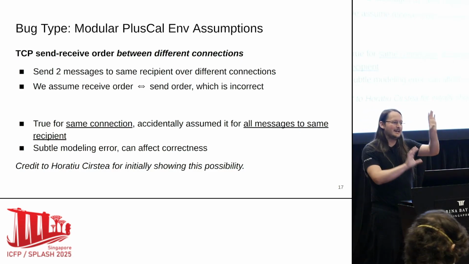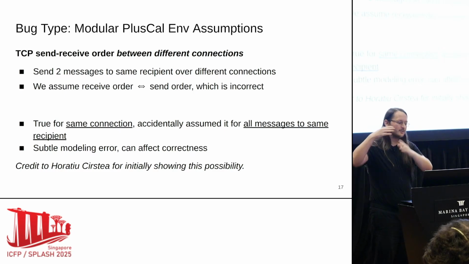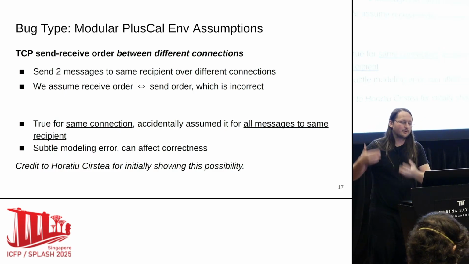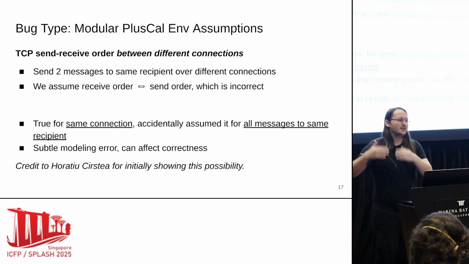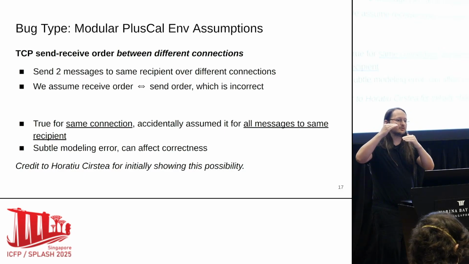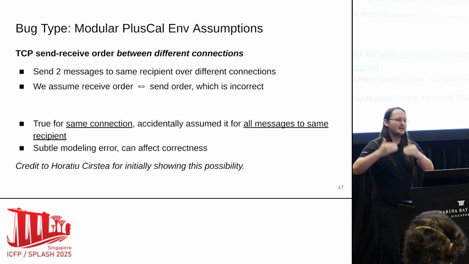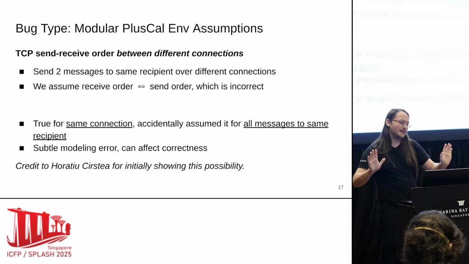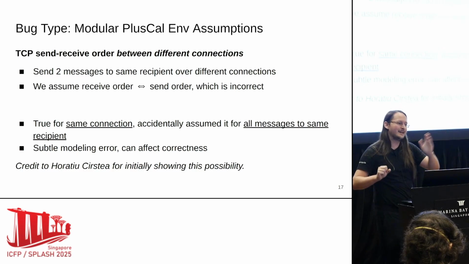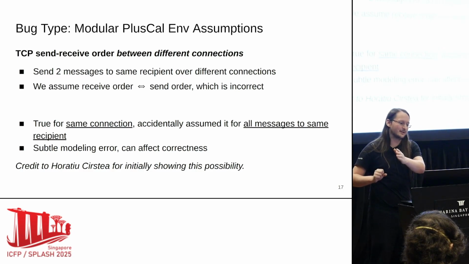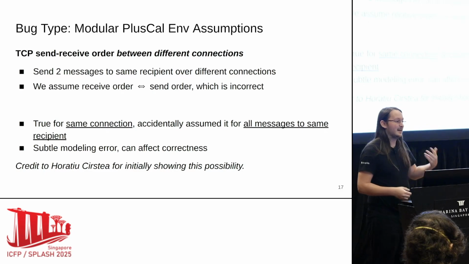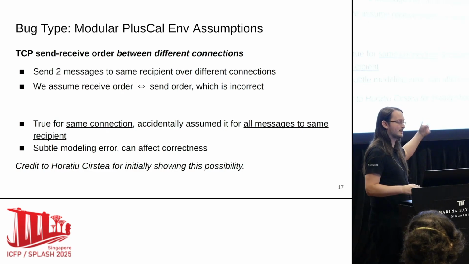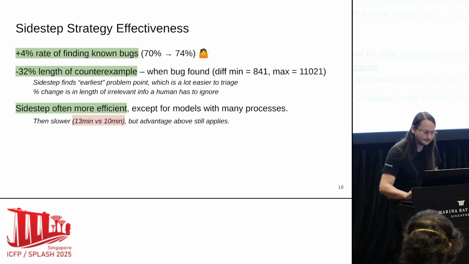Essentially, it's not that we did anything strictly wrong in terms of what TCP allows, but rather we over-strengthened its sequencing properties such that we required all TCP connections to the same recipient to be globally sequenced to each other. Again, this is just a little thing where you omit something in TLA+, and you have a very strange counterintuitive consequence come out of it. And we were able to detect this, catch it, triage it, etc., using TraceLink.